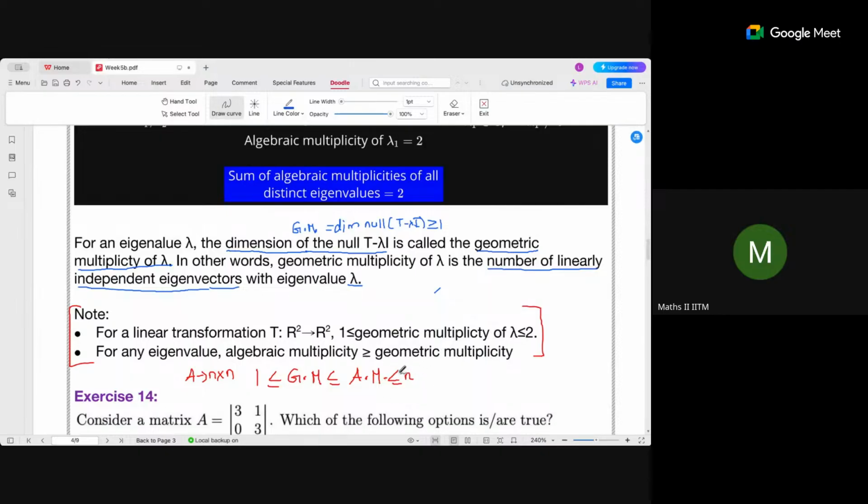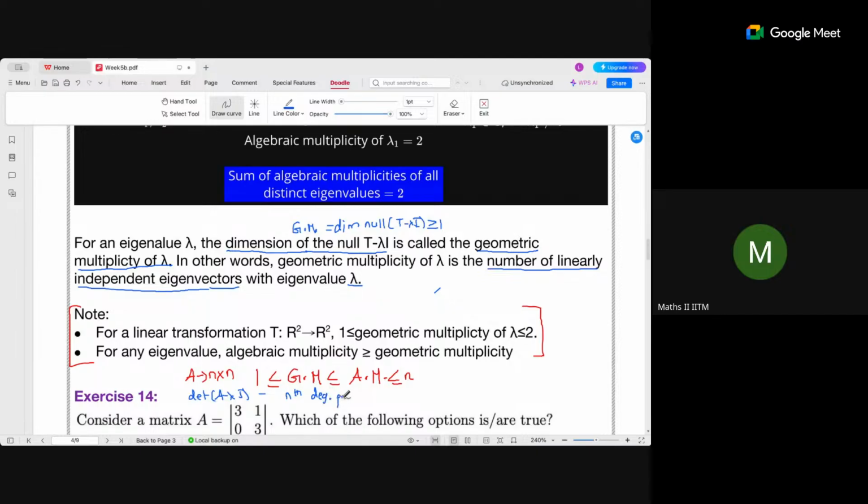And the last one here is that, for an n by n matrix, the determinant of A minus lambda I is an nth degree polynomial.